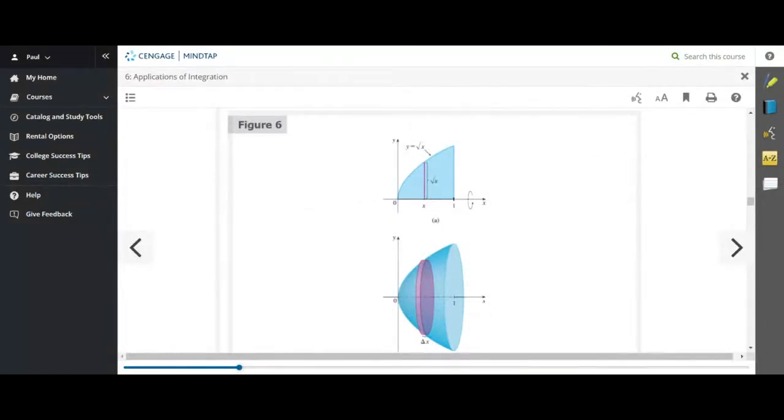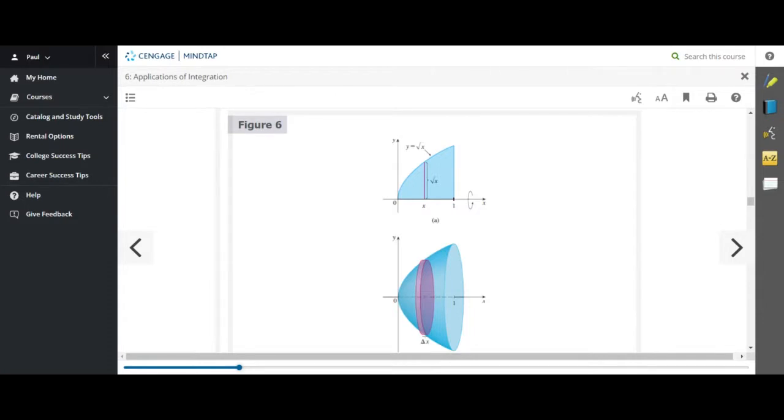So you see the first picture, we have a region bounded by the x-axis, the vertical line x equals 1, and then y equals square root of x. We're going to take that region and rotate it around the x-axis, and that's going to give us the solid you see below in figure 6.